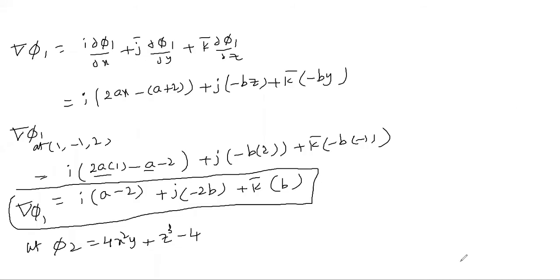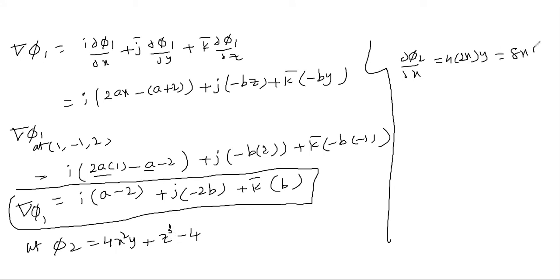So now you got the pi 2 value. Now dou pi 2 by dou x. What is dou pi 2 by dou x? x square differentiation is 2x, so 4 into 2x into y. Partially with respect to x, z is constant 0. So the value is 8xy.